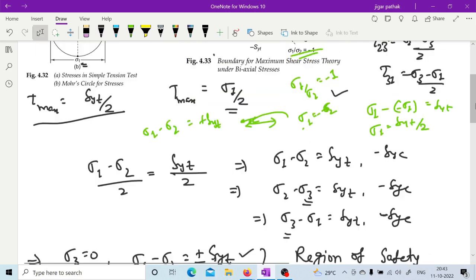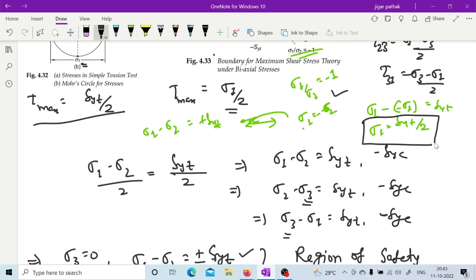as you have drawn that Mohr circle, and from both of these line equations you are getting the final sigma 1 equal to SYT by 2, right? So this is how you get the maximum shear stress theory. Actually this is the maximum shear stress, so that will be the ultimate tensile strength divided by 2.